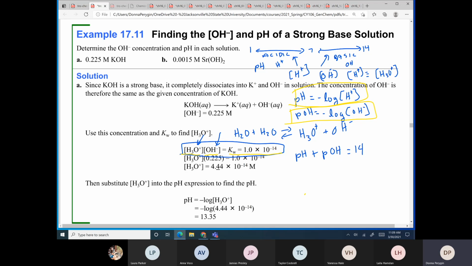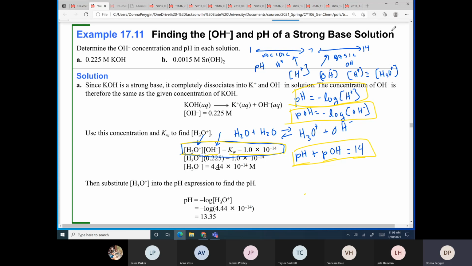So if you know one of those species, you can calculate the other. And from those relationships, we can determine that the pH plus the pOH is equal to 14. So you might want to write down all of the relationships that I've just highlighted and put those on a formula chart, okay, because those are important.